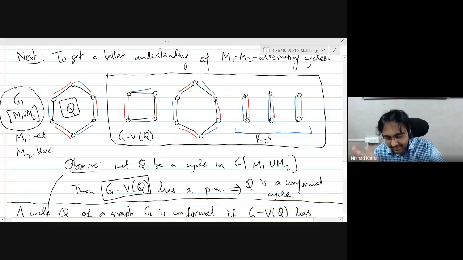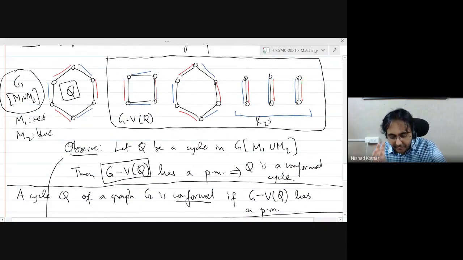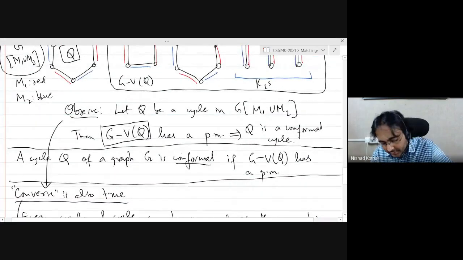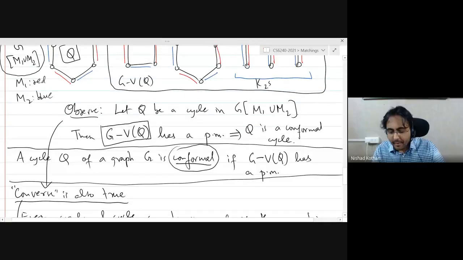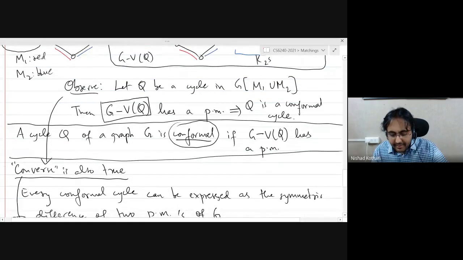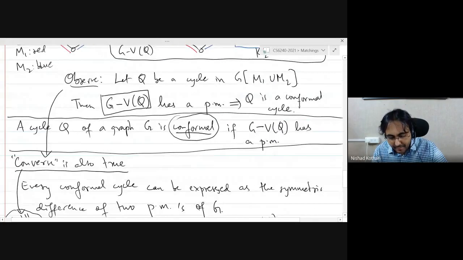Right? It's clear. So for each cycle of this union, when you delete the vertices, the remaining graph is a perfect matching. We will call such a cycle a conformal cycle. So every cycle in the symmetric difference or in the union is a conformal cycle of the graph.